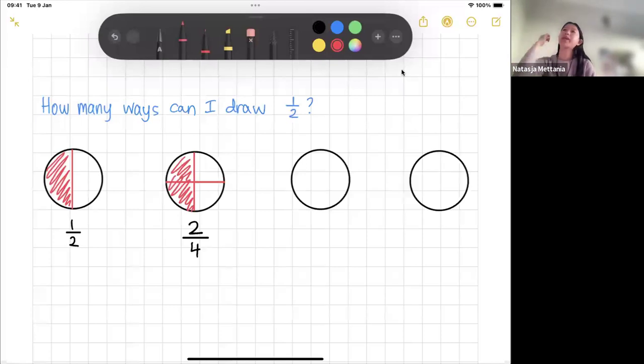Now let's say the pizza place cut the pizza into 6 pieces. Let's do that first: 1, 2, 3. Imagine they cut it into 6 equal pieces, and I want to eat half of those 6 pieces. What's half of 6? There's 3. So I'm going to eat 1, 2, 3 pieces.